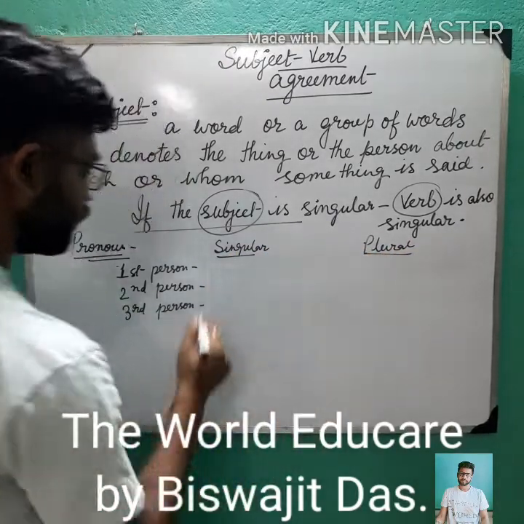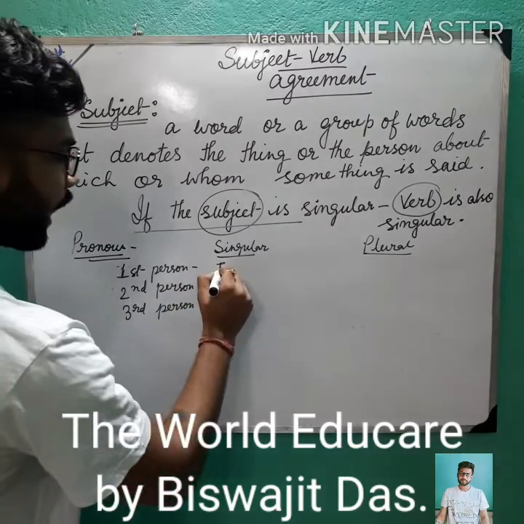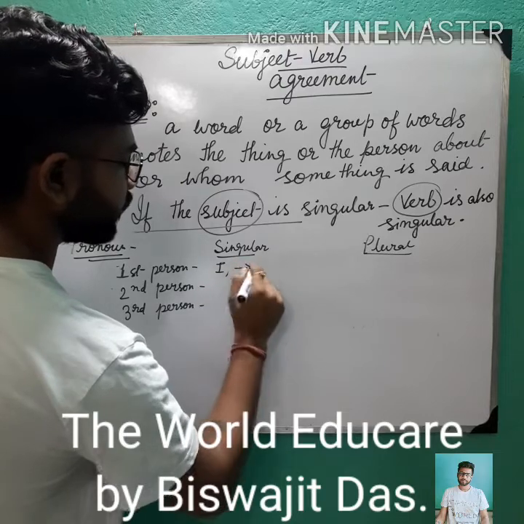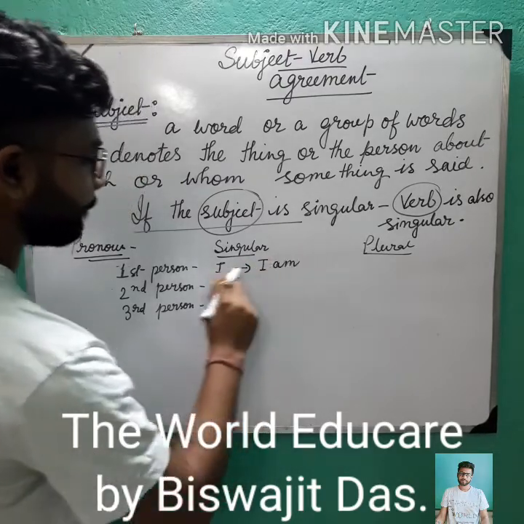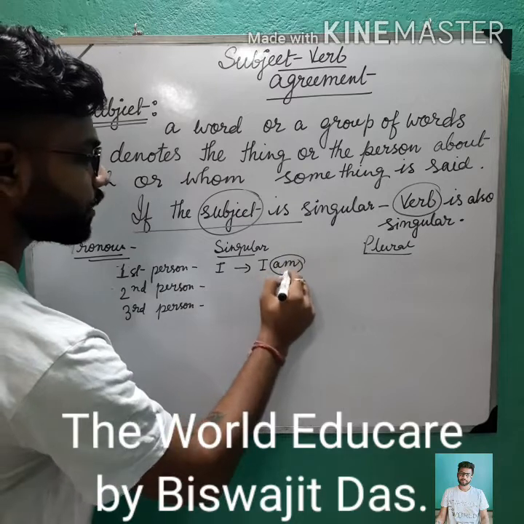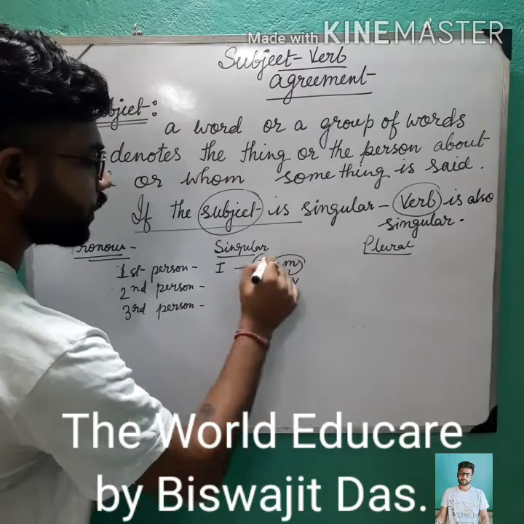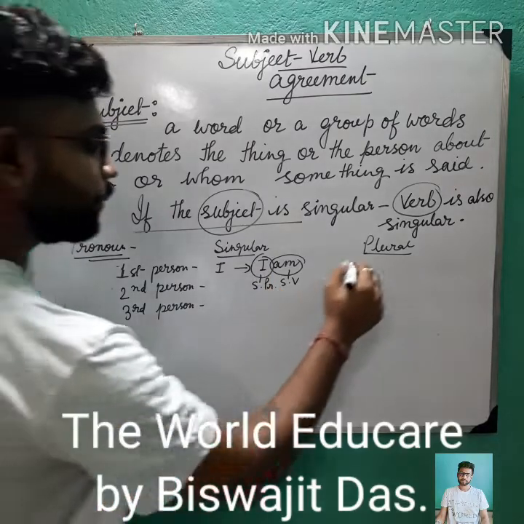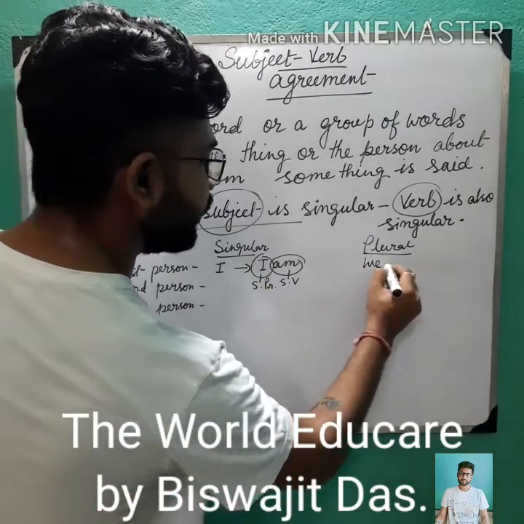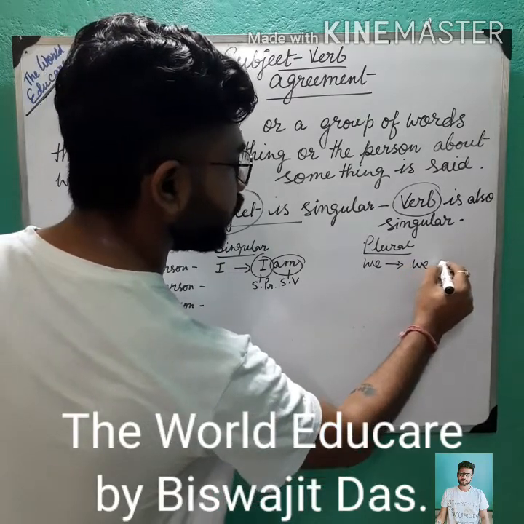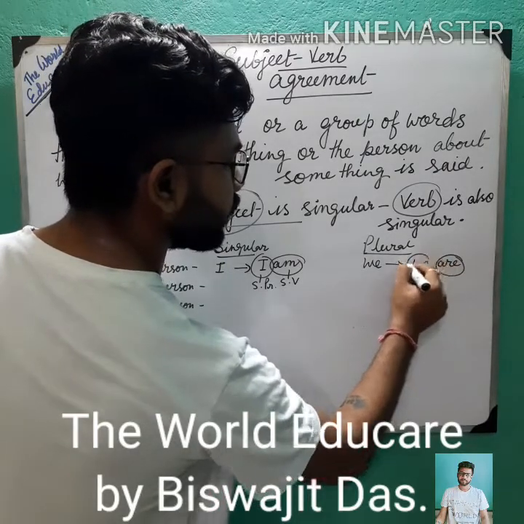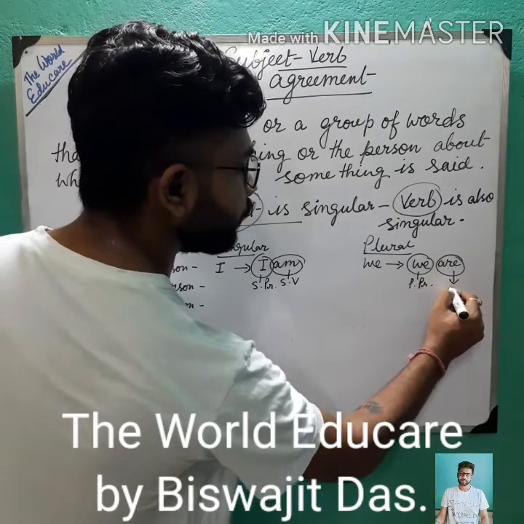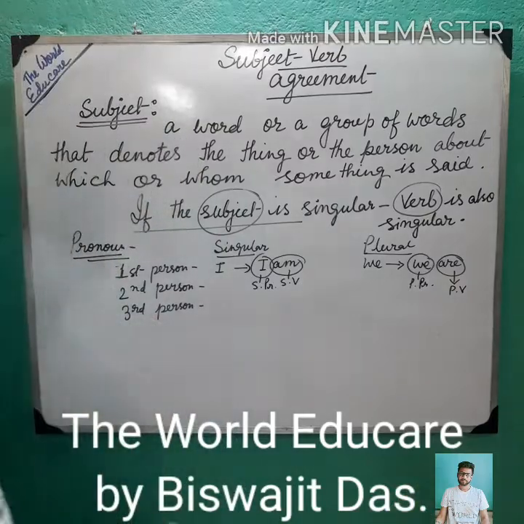In first person we know that I, then I can write I am. It's a singular verb, it's a singular pronoun. In plural I can write we, then we are. It's a plural pronoun and it's a plural verb.